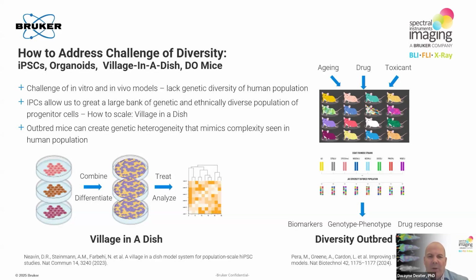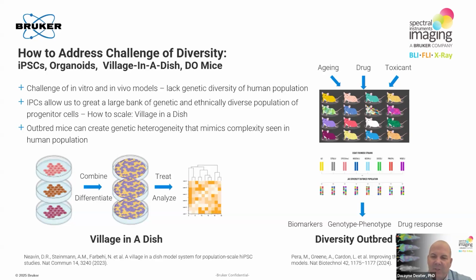In vivo, we can also look at diversity. This is a great example, using the diversity outbred strain from the Jackson Laboratory, where you take a variety of inbred strains, cross them against each other, and you develop a single colony that has genetic diversity, but genetic diversity that you can easily track. So it's a clever idea of how to use in vivo tools to replicate diversity within a population.